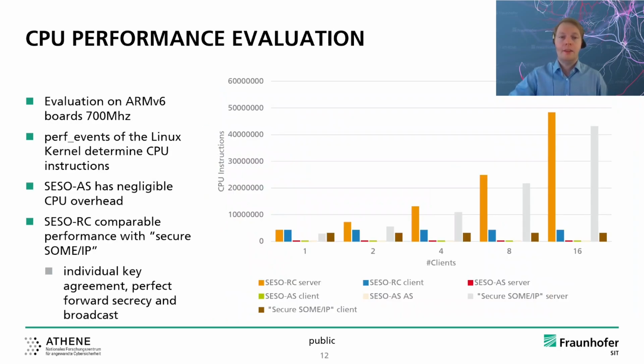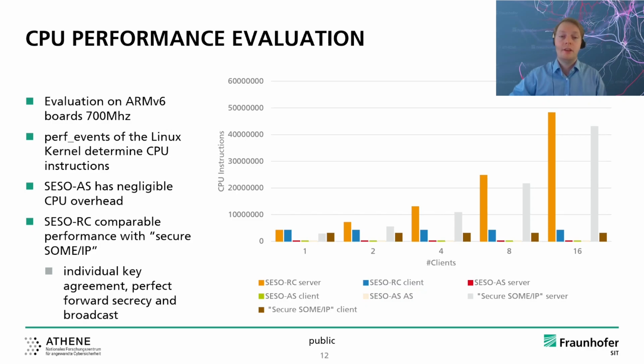To analyze whether our solution is also applicable in automotive networks with small embedded devices, we analyze the performance of our approaches. First, we measured the CPU instructions needed to perform our cryptographic operations.